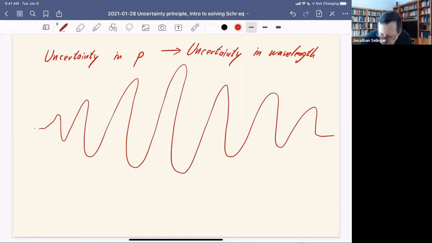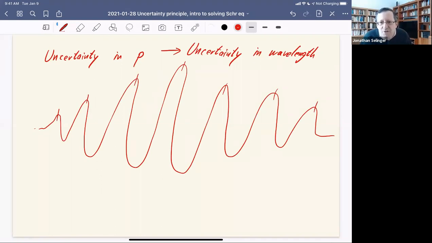You know it pretty well because you can look at the spacing between many wave fronts. Maybe it's 6 wave fronts that I just drew, but maybe it'll be 600 or some big number of wave fronts.